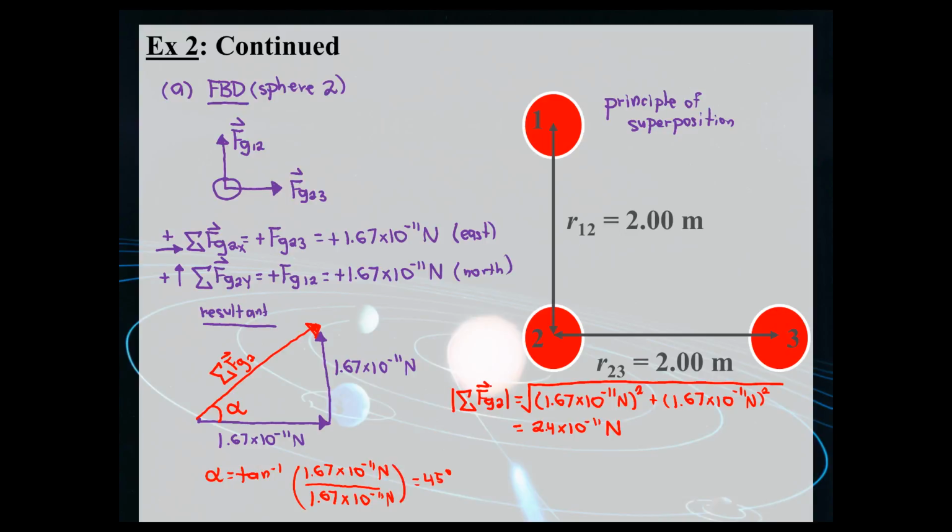Okay, now we put the magnitude and the direction together in a statement, which would just tell me that sigma FG2, so the net gravitational force acting on object 2, is going to be 2.4 times 10 to the negative 11 newtons at an angle of 45 degrees.